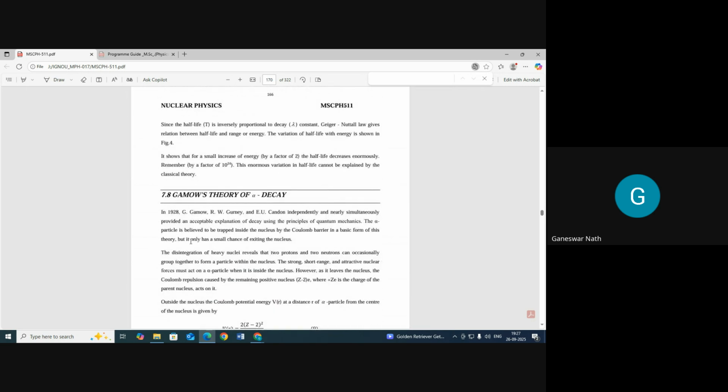Actually in 1928, G. Gamow, R. W. Gurney and E. U. Condon independently and nearly simultaneously provided an acceptable explanation of alpha decay. This was the first explanation of alpha decay.